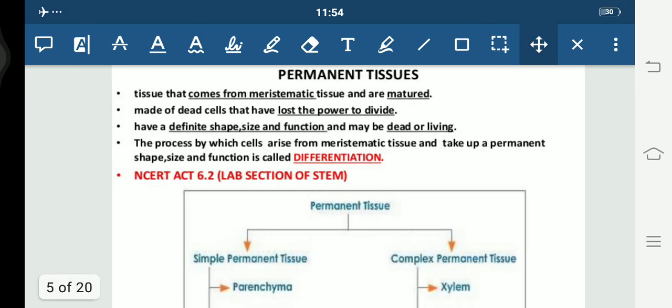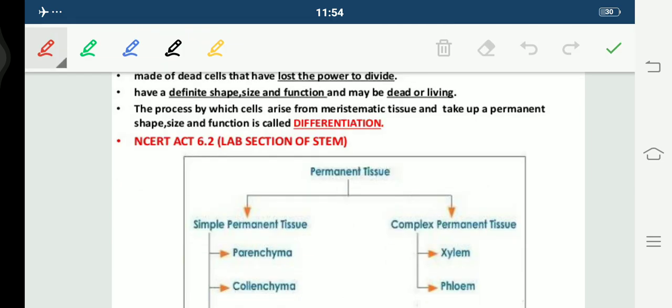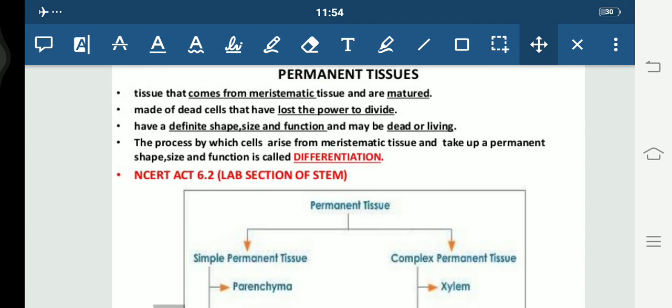Moving on to the next type of plant tissue, that is the permanent tissue, right? Now, as the name itself suggests, it is permanent, it means it is not a dividing tissue like the meristematic one, fine. It is just a permanent tissue, and tissue that comes from meristematic tissue, they are matured.